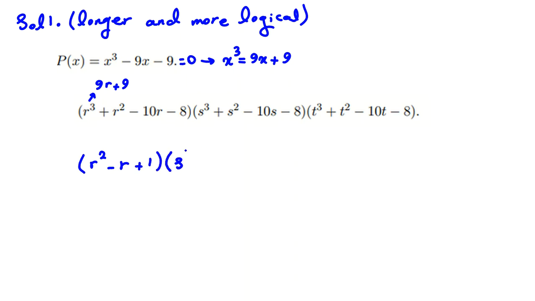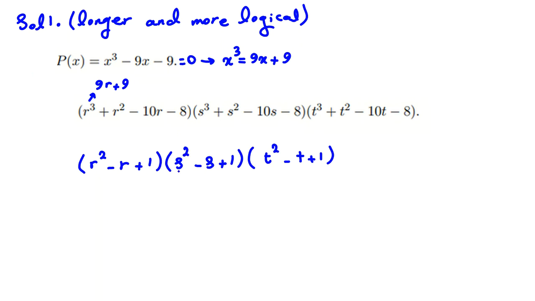For the other terms we can do the same thing: s cubed minus s plus 1 and t cubed minus t plus 1. So here we should also place s squared and t squared.